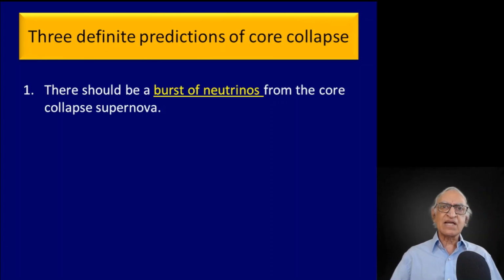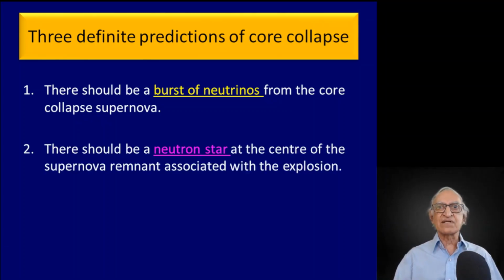So there are three definite predictions of this core collapse scenario for the supernova explosions of massive stars. The first prediction is that there should be a burst of 10 to the power 57 neutrinos with a total energy of 10 to the power 53 ergs, which is the binding energy of a neutron star.